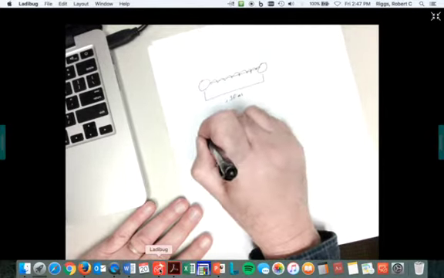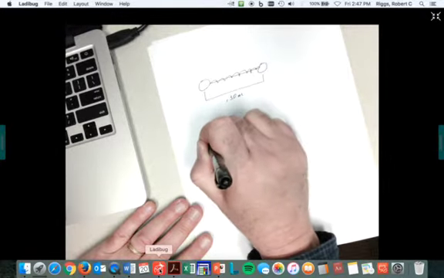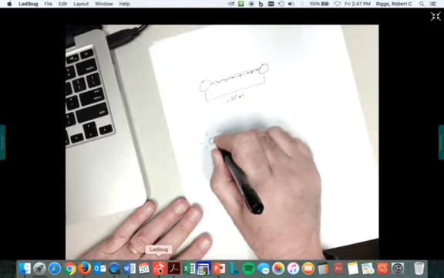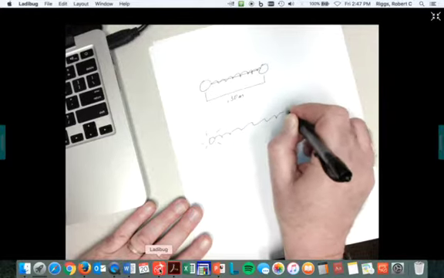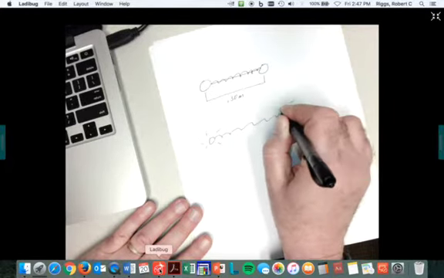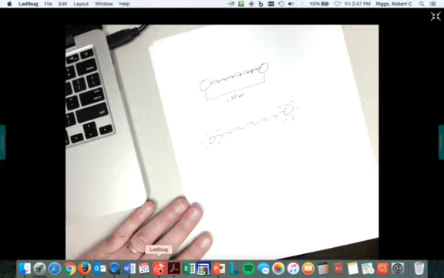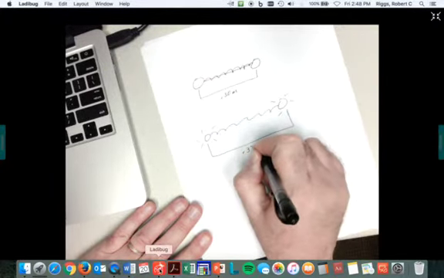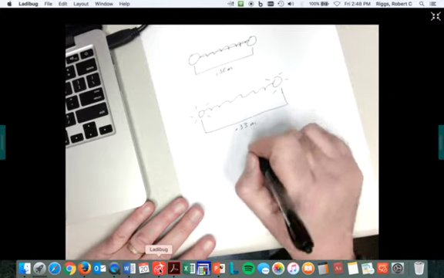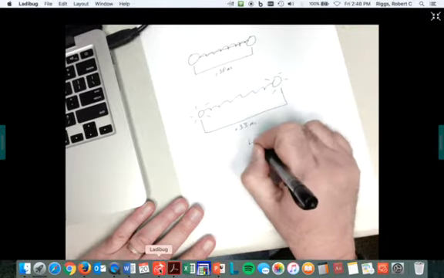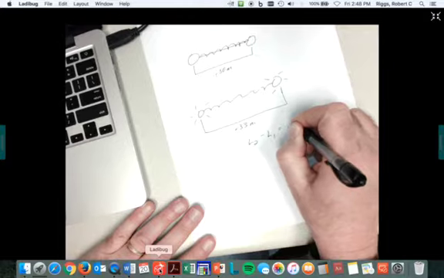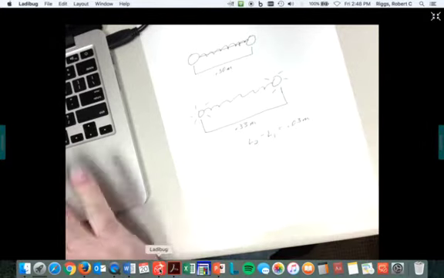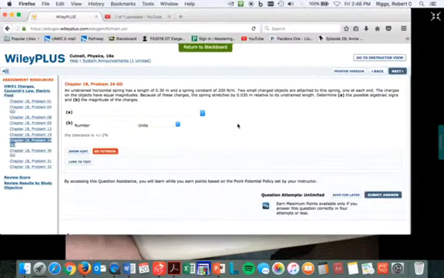Let's show their charge, because I don't know what kind of charge was put on them. They stretched out a little bit, so we don't know what kind of charge. Now they're stretched out to 0.33 meters apart, where length 2 minus length 1 is equal to 0.03 meters. Is that correct? Yeah, okay, 0.03 meters apart.